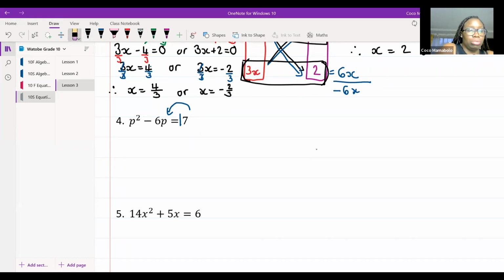So we need 0. We're going to take 7 over to the other side. I'm going to end up with p squared minus 6p minus 7 is equal to 0. Does this look a little bit easier for us to factorize?